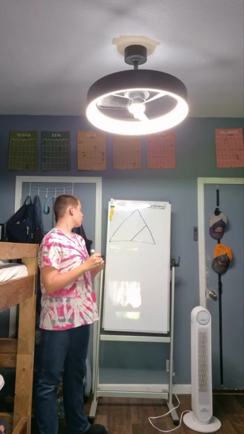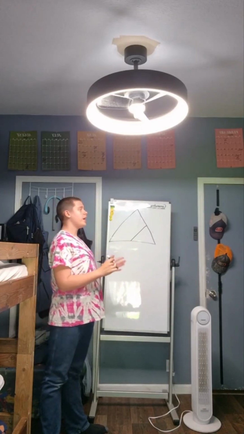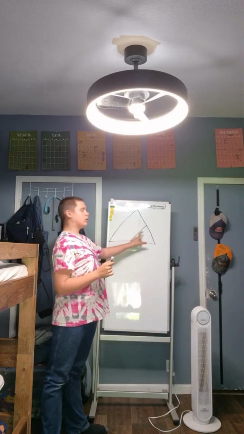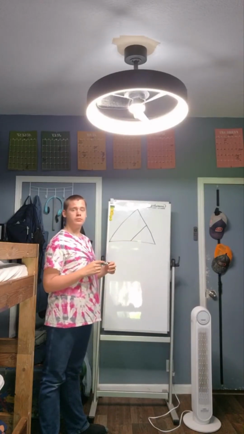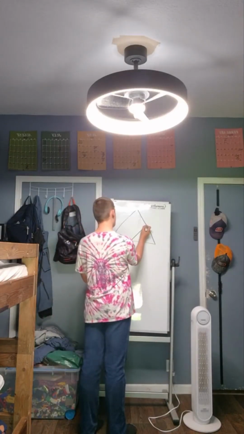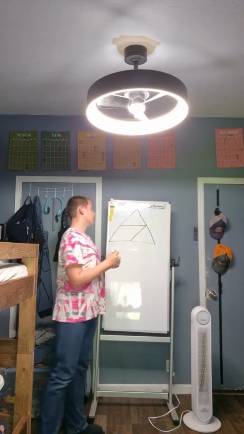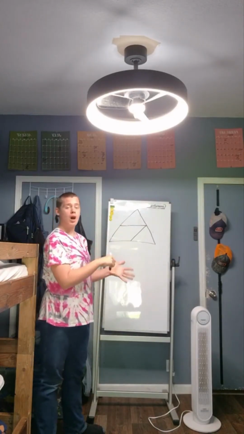We have one triangle still, because we have a triangle and a trapezoid. And then we have another line touching from here to here. We have two triangles now.